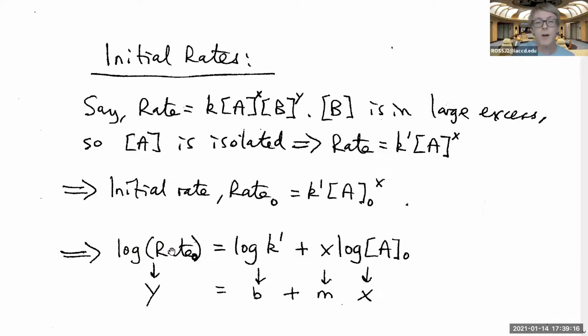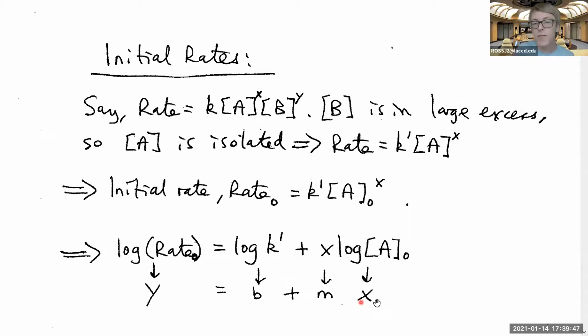So we have log the initial rate, log rate 0, equals log of the rate constant, so log k prime. And then because we have a product here, k prime and the concentration of A, our log rule says that we add the logs. So plus, and we also remember to bring the exponent down and make it a coefficient, so plus x log A0.